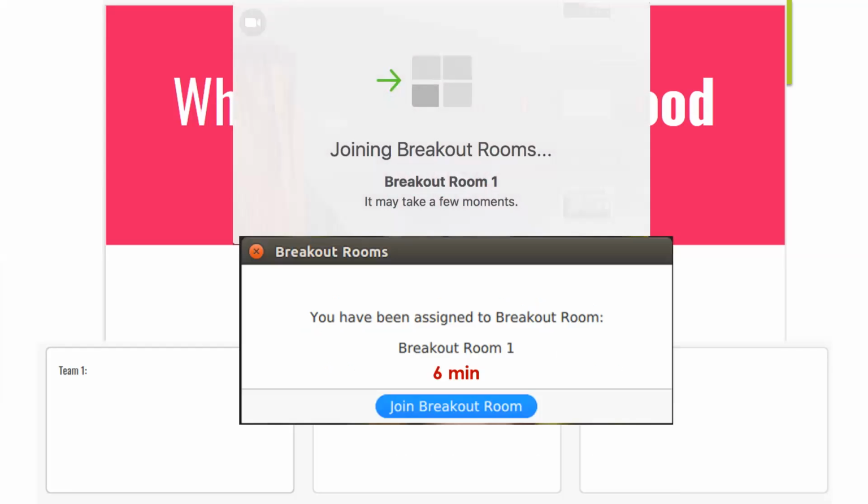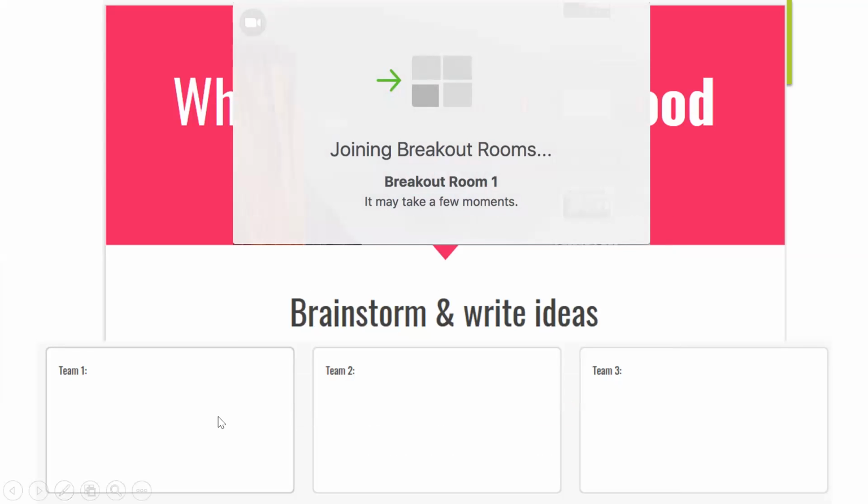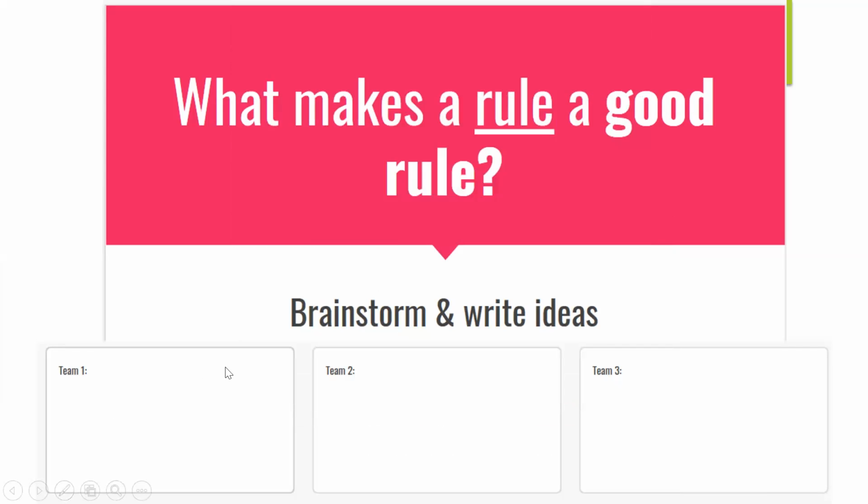Also, I'm going to share you a link that is connected with a PowerPoint presentation in Drive. So each team will have a slide. So here you're going to put some ideas. Remember, brainstorming about what makes a rule a good rule, okay? Remember, we don't have error.